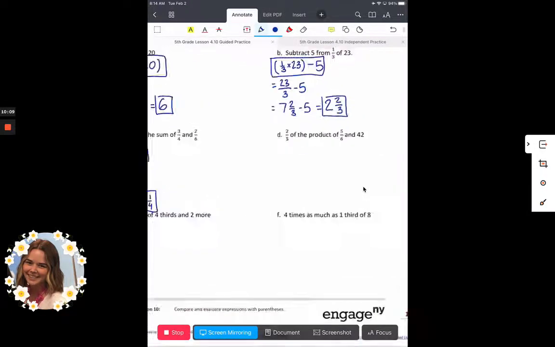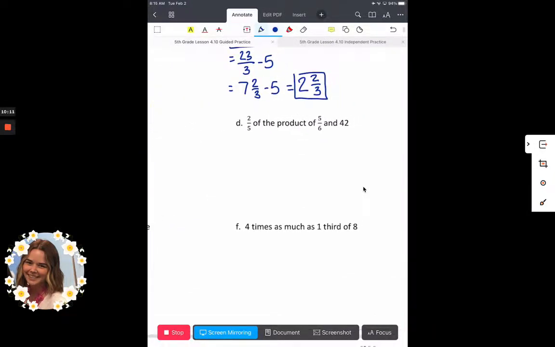Alrighty, let's take a look at D. We have 2/5 of the product of 5/6 and 42. So that means that we are multiplying 5/6 times 42, and then multiplying that by 2/5. So when we solve this, we have 5 times 42 over 6 times 2/5.